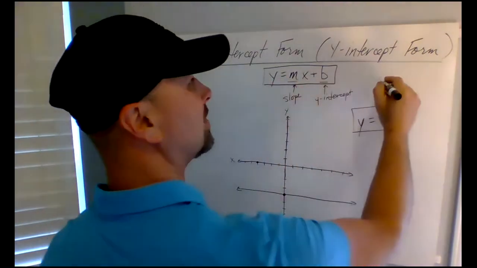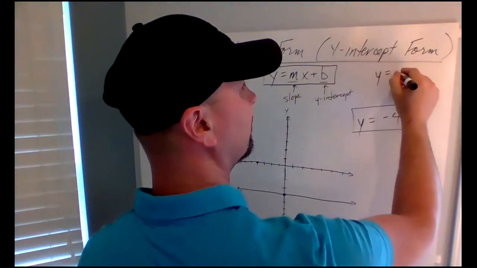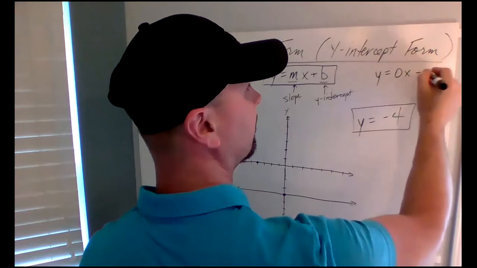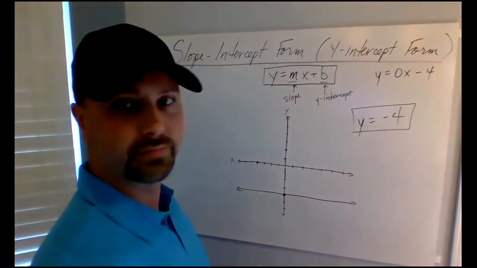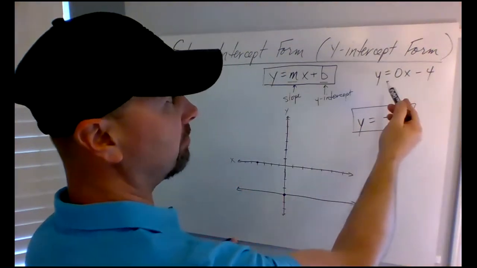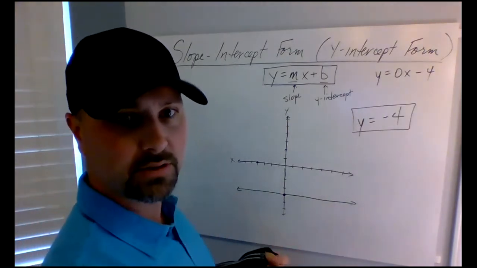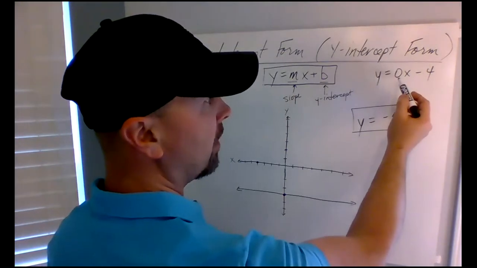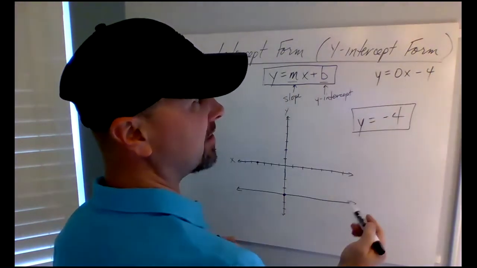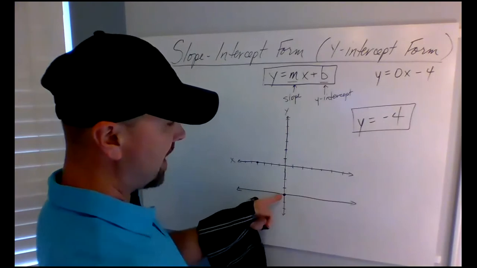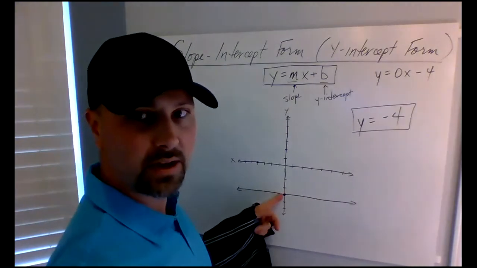Now that makes sense actually if you think about it. If we go to y equals mx plus b, this is basically this problem. The slope is not increasing or decreasing, so it's 0. The slope is always attached to the x. -4, that is where it crosses. That's the y-intercept.